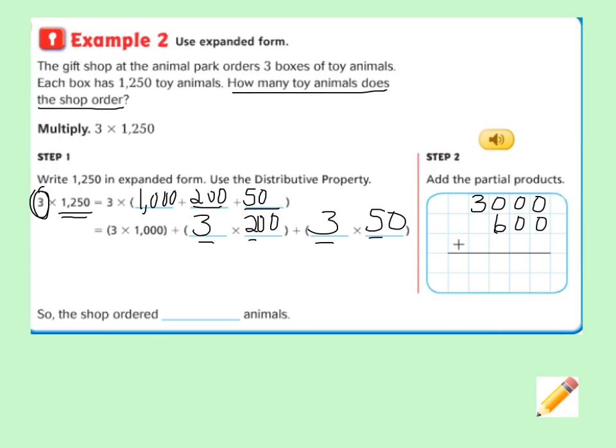And 3 times 50, 3 times 5 is 15, plus 1 0 is 150. And then I can go ahead and add this up. So the shop ordered 3,750 toy animals.